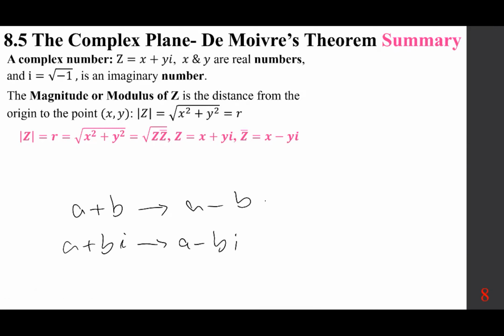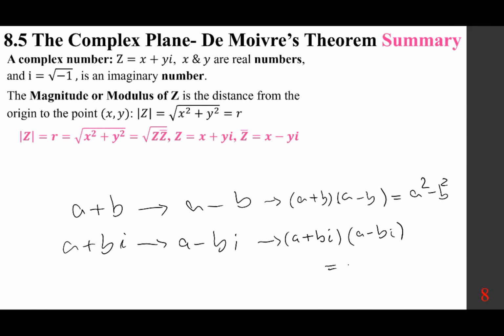Therefore, if you multiply a plus b times a minus b, you recall it's a squared minus b squared. However, if we multiply a plus bi times a minus bi, we get a squared minus i squared b squared, which is a squared plus b squared.